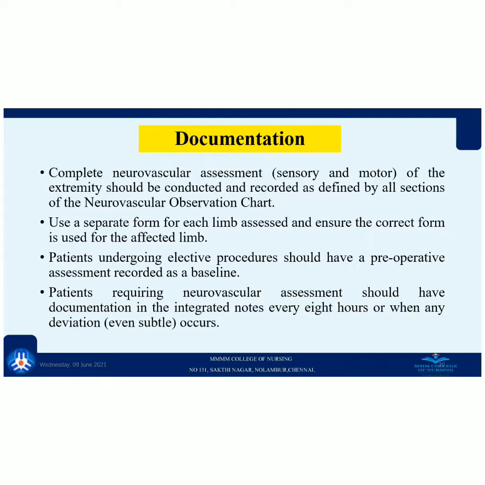So based on the components specified in the chart, the assessment has to be done and carefully documented in each of the specified areas. And we can use a separate form for each limb and ensure the correct form is used for the affected limb.